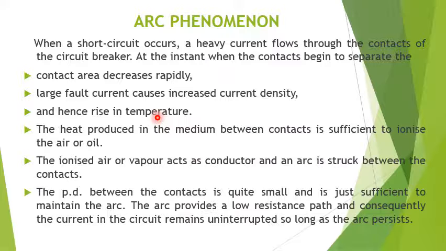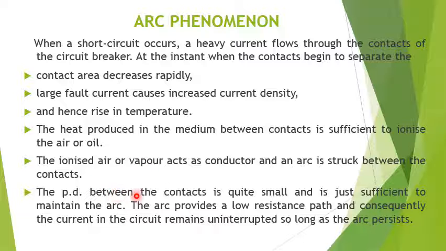Because of the rise in temperature, the heat produced in the medium between the contacts is sufficient to ionize the air or the oil present in the chamber. The ionized air or vapor acts as a conductor, and an arc is struck between the contacts.